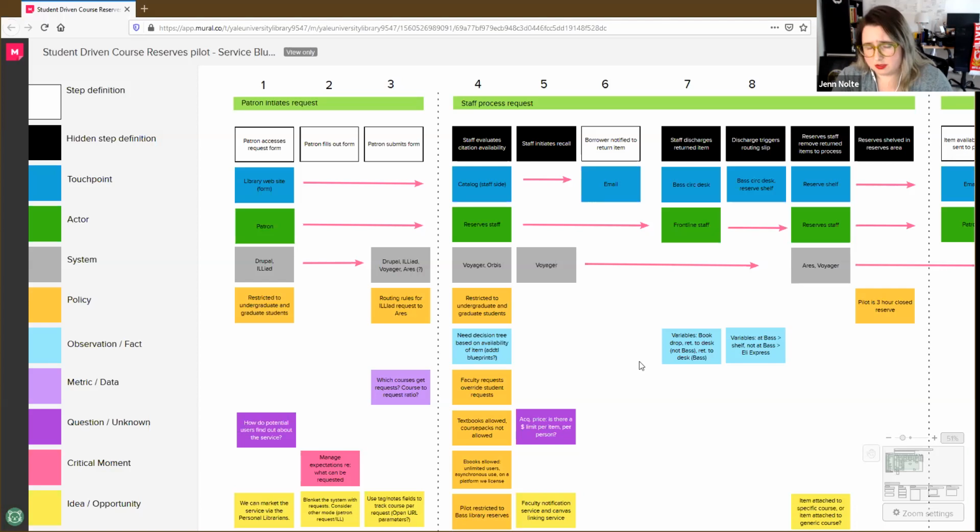I think I saw them being used for personas once, although I think that's kind of weird. So it's just an online, cloud-based software company, and I think there's a free account you can create that lets you have a certain number of murals. Each of these things is called a mural. And the template that I use came from Practical Service Design.